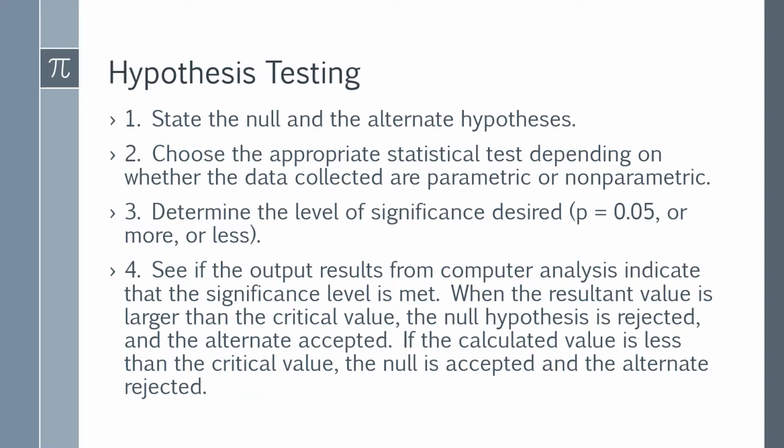For example, p equals 0.045 or more or less. Step number four is to see if the output results from computer analysis indicate that the significance level is met. When the resultant value is larger than the critical value, the null hypothesis is rejected and the alternate accepted. If the calculated value is less than the critical value, the null is accepted and the alternate is rejected.